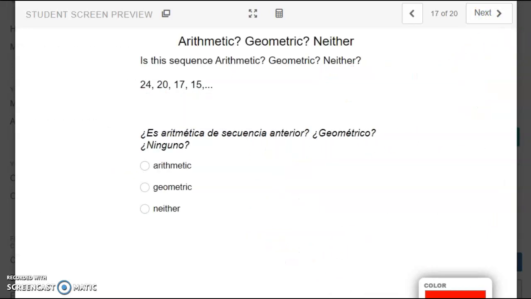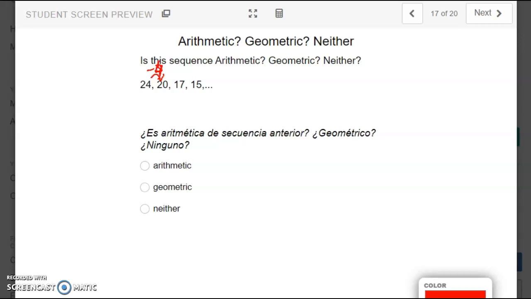All right, then let's get rid of you. What about this sequence? Is the sequence arithmetic, geometric, or neither? 24 is becoming 20. So what did I add? Well, it looks like I subtracted 4, so I added -4.